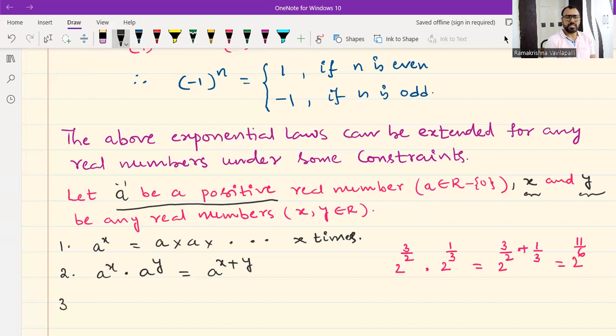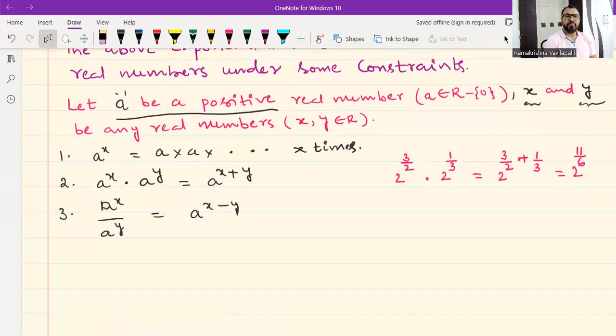The third one is a^x by a^y. We write simply a^(x-y). For example, you take 10^(3/4) whole by 10^(1/5).